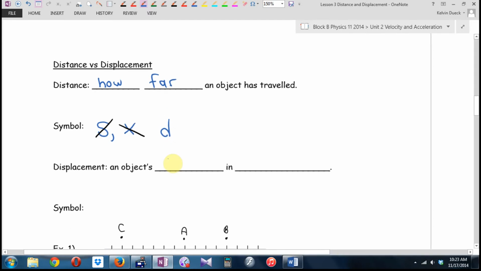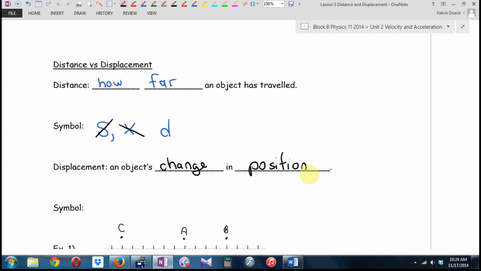Displacement is an object's change in position. So if you think about Alexa's little demonstration that he did earlier, when he went 2 steps forward plus 2 steps forward, his change in position was 4 steps forward. When he went 2 steps forward and then 2 steps backwards, what was his change in position? 0.